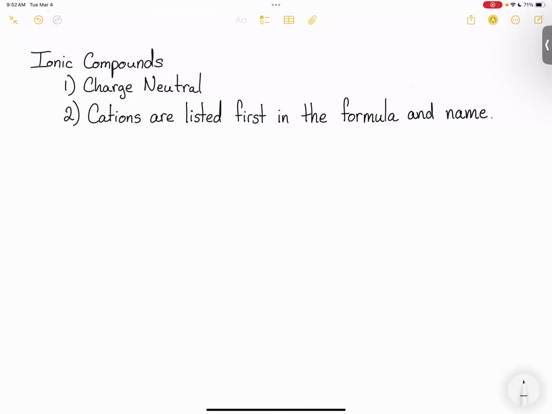Okay, we're going to quickly talk about the formation of a formula. Specifically, we are going to talk about how you combine the cations and the anions to make the compound charge neutral.